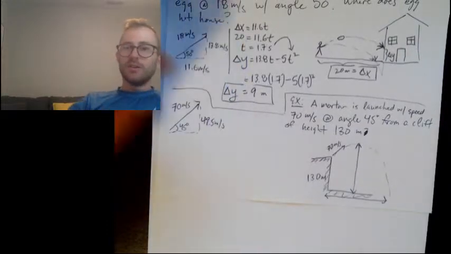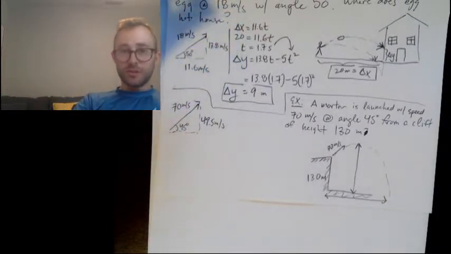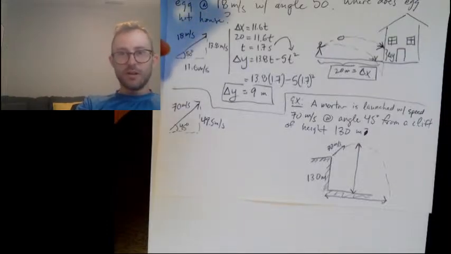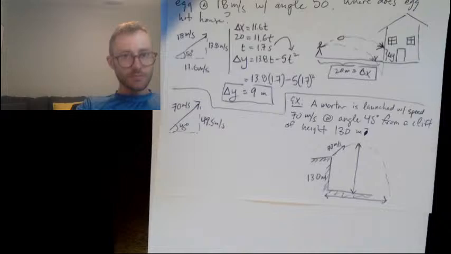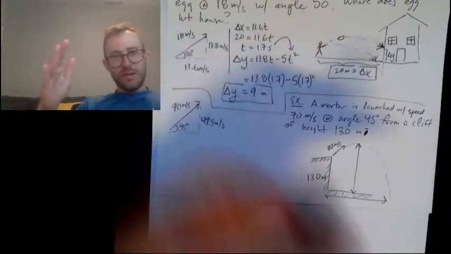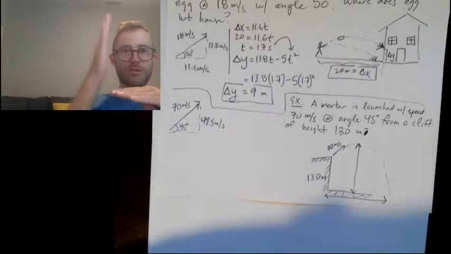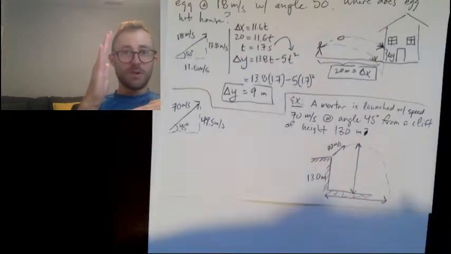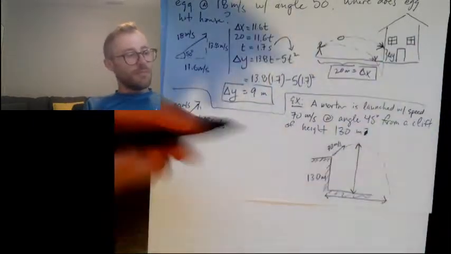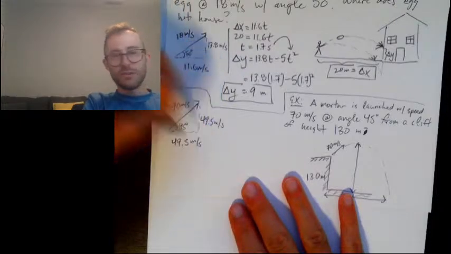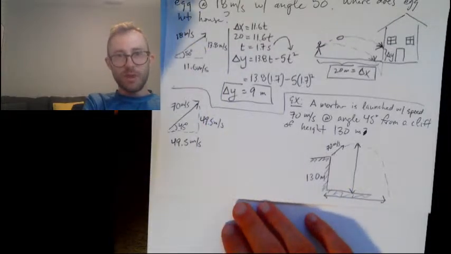Okay, now the thing that is special about 45 degrees, and some of you have answered it correctly in the chat, is that 45 degrees is an equal balance between vertical and horizontal velocities. Okay, so that means that we don't even have to do the second calculation because we automatically know it's 49.5.